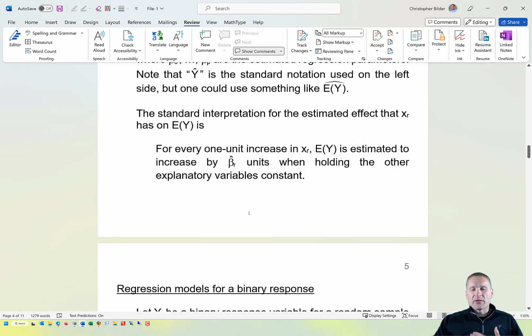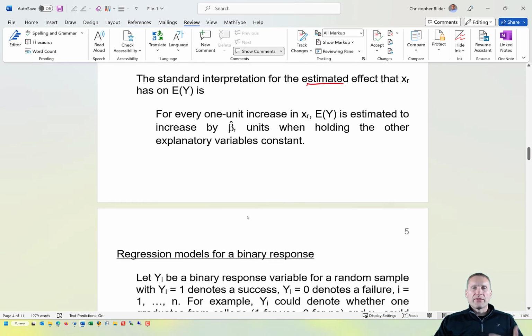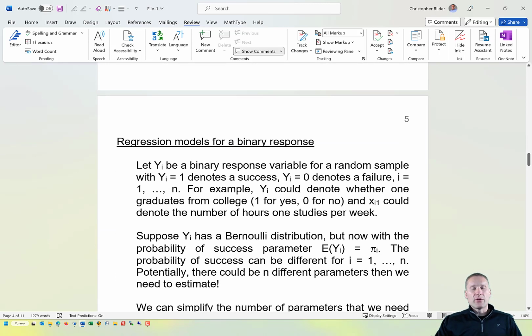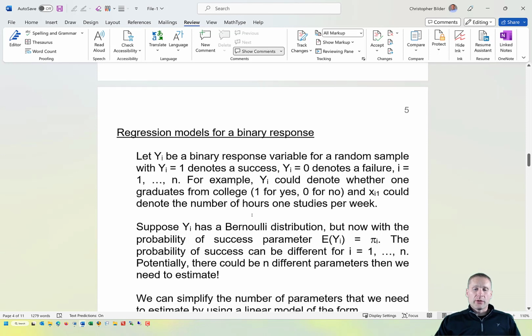Then the standard interpretation for the estimated effect that a particular explanatory variable has on the expected value of y is, well, for every 1 unit increase in x, the expected value of y is estimated to increase by the corresponding beta hat units when holding the other explanatory variables constant. Okay. A real brief introduction, or review I should say, of normal linear regression models.